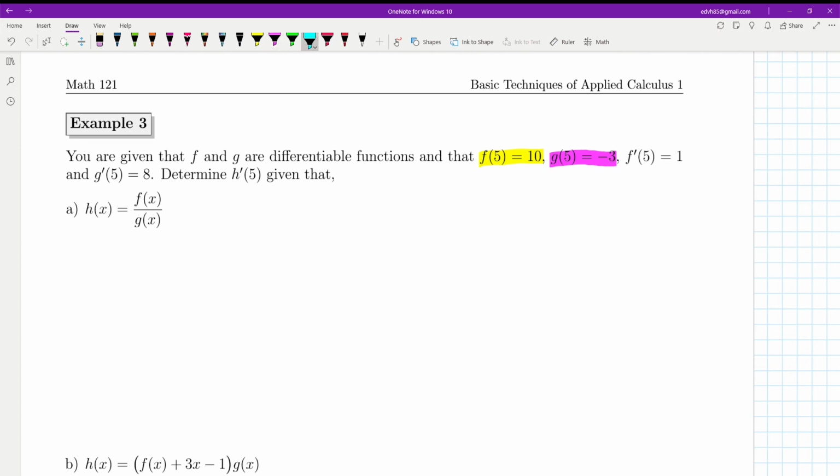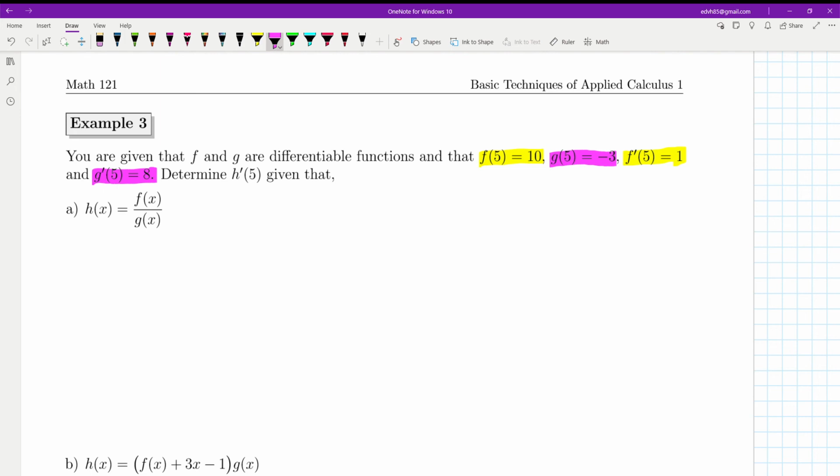They're telling us that the derivative of the function f evaluated at 5 equals 1, and that the derivative of the second function g evaluated at 5 equals 8. In other words, they're giving us the position points, but they're also giving us the rates of change at those points, or the derivatives at those points, or the slopes of the tangent lines at those two given points in yellow.